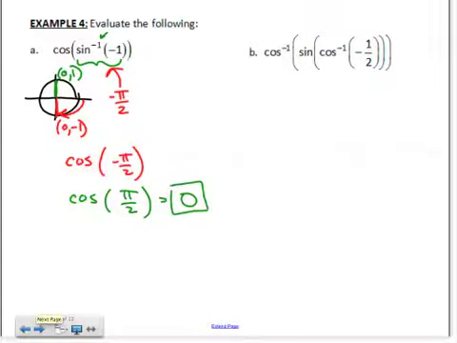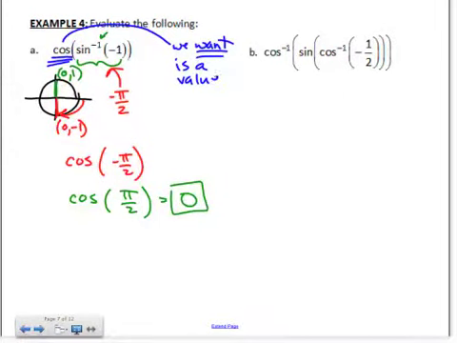Notice in this problem, once again, let's look at the things we had to look for. Do you see that our outside thing is asking for a cosine? So our final answer is a value, not an angle. The second thing we wanted to notice is that our sine value is negative.